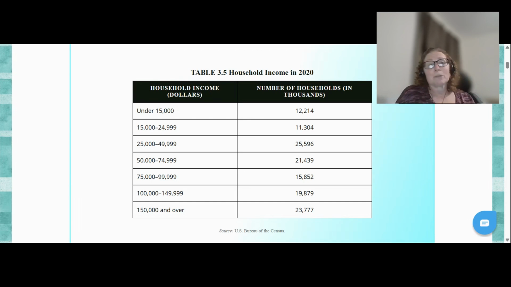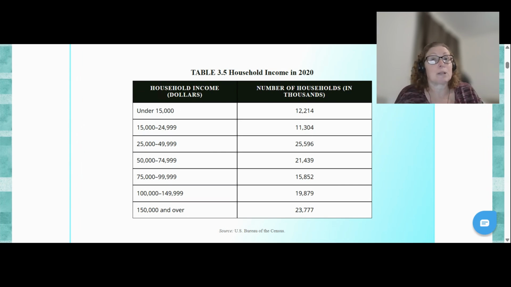The one thing that I will mention is that you need to be very careful about your groupings, because they need to make sense. For example, you see on this the second row says 15,000 to 24,999. The next row starts at 25,000. So you're not overlapping. Your second row doesn't end in 25,000 and the third one start at 25,000, because then where would you put it?